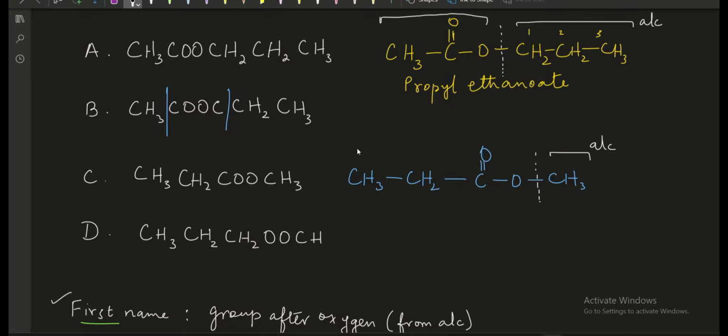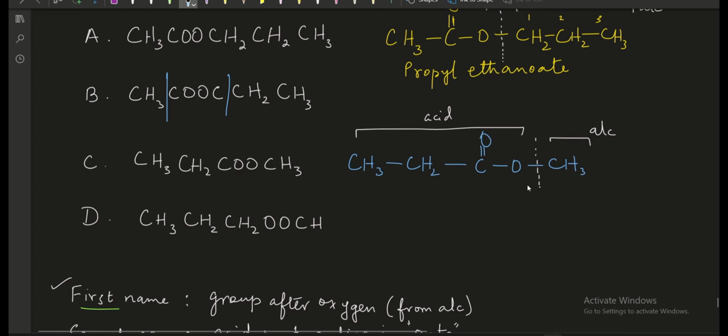This part comes from the alcohol, this part comes from the carboxylic acid. So how are you going to write its name? The first name comes from alcohol. The alcohol is methyl, from methanol, and the acid has 3 carbons in it, so it becomes methyl propanoate.